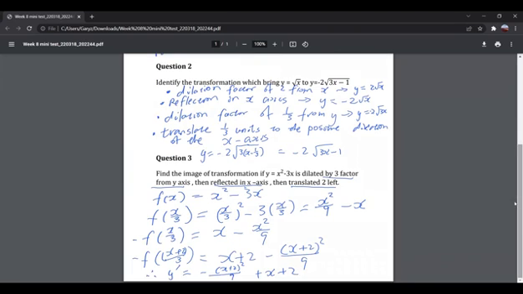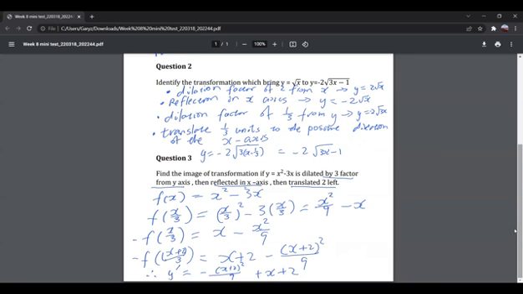All right, question 3. We are given a set of transformations, and we are trying to find the image function. What I like to do is, instead of writing y equals this, I write it in function form. So I will write f of x is equal to x squared minus 3x. The first transformation is a dilation by a factor of 3 from the y-axis.